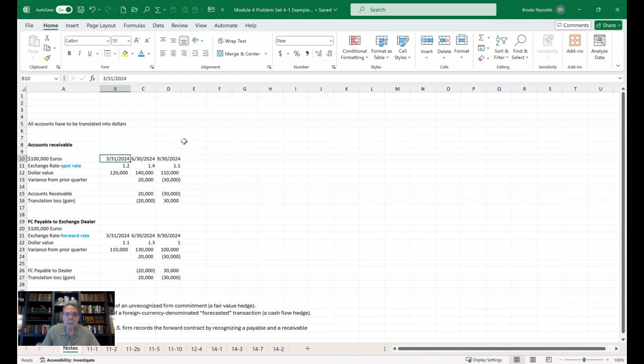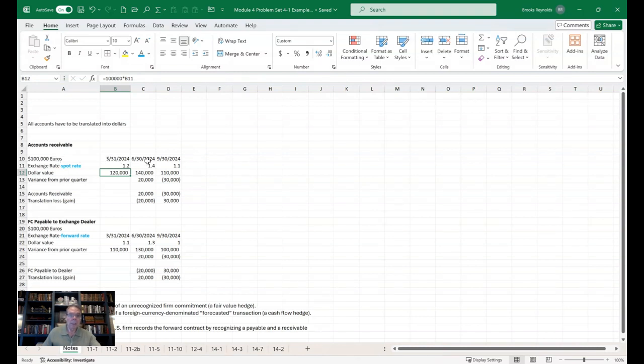Now, at the time of the transaction, if this is a result of a sale, then you're going to book the sale at the current rate at that time, which is called the spot rate. So in other words, the spot rate on March 31st was $1.2 for every euro. Okay, so it's going to take $120,000 to get 100,000 euros.